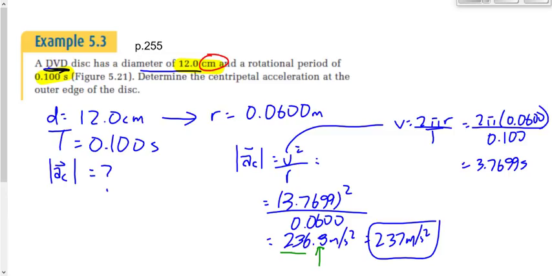Josh, which way is the direction? We know this. The equation is not going to tell me, but we know this. It's toward the center. Now, if it had asked me for the magnitude of the acceleration, 237 would have been fine. If it asks me for the acceleration, I want both magnitude and direction, 237 toward the center of the circle.